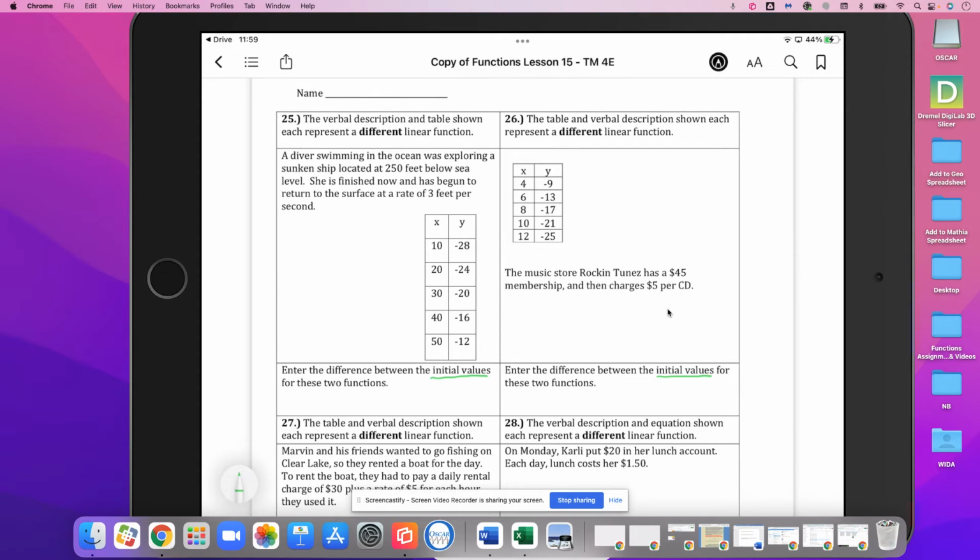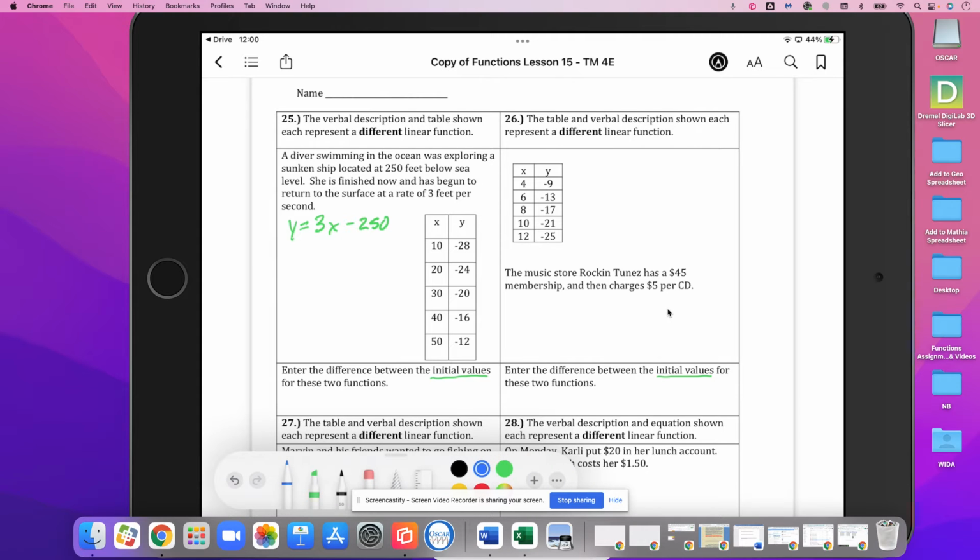She has finished now and has begun to return to the surface at a rate of 3 feet per second. So an equation for that would look like y equals 3x, positive 3 because she's coming up from the bottom of the water, minus 250 because she was 250 feet below sea level. And so it's important to recognize in this case that that's a negative 250.